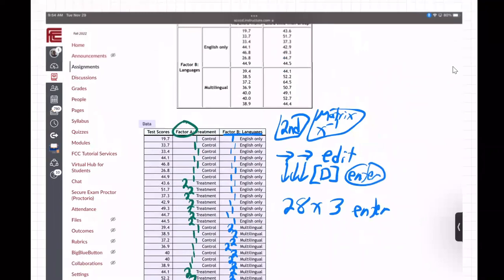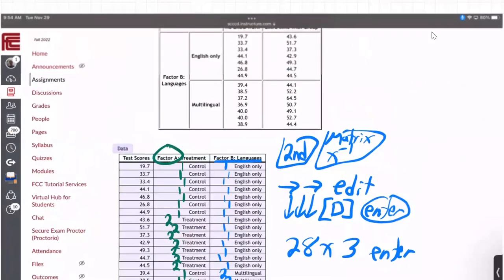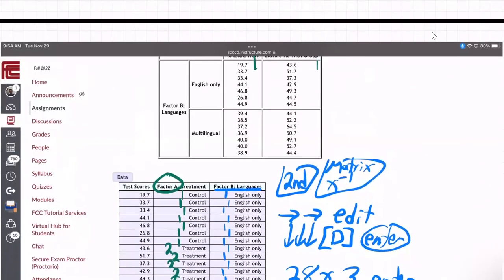Did it right here for you. I just did this up here is treatment up here. Treatment, and this is 1 for treatment, 1 for treatment. No, sorry. Treatment, 1, 1, and 2, 2 for treatment.